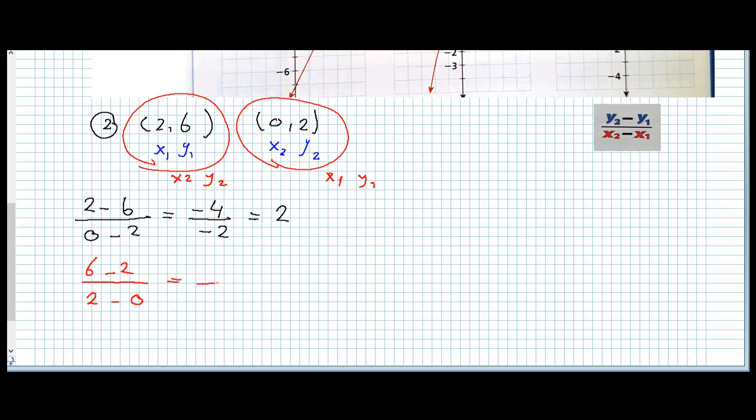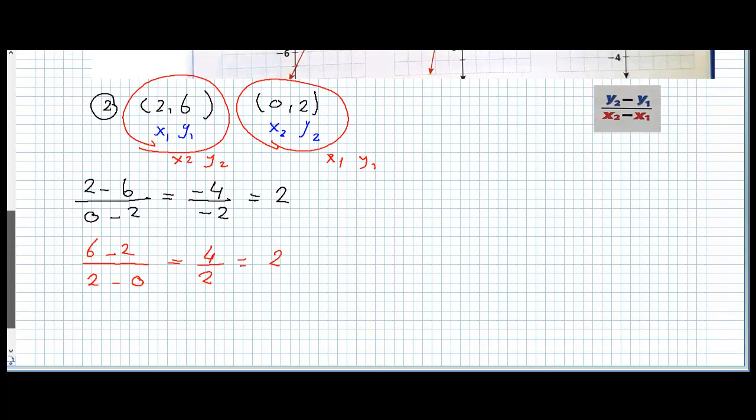So 6 minus 2 is 4 and 2 minus 0 is 2. The answer here is positive 2. So I have the same answer. So it's okay to change the pair of points. You can start from this one or this one. It's the same answer. Let's go next.